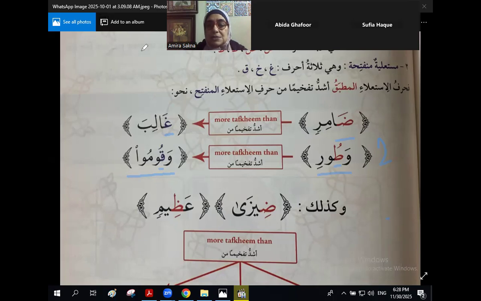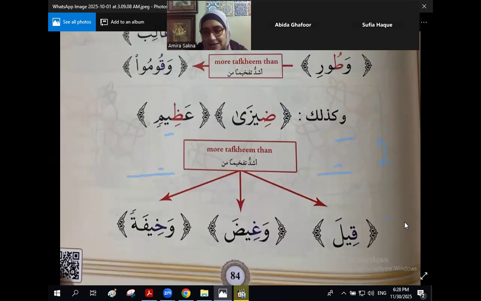Okay. Let's go to when we pronounce it with كسرة. كسرة, it's much clearer. You will notice it more. When I pronounce this word, ضيزة, or عظيم, ضي, it has more تفخيم than قي, قيلة, وغيضة, وخيفة.